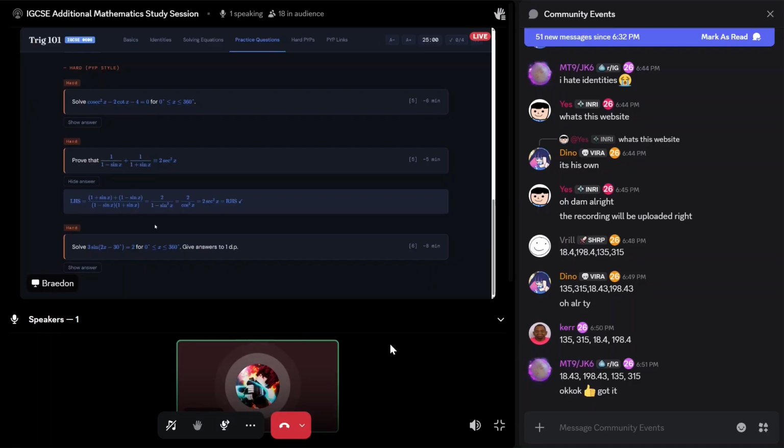So this way they can have the same base, so they can combine them together. So combine 1 plus sine x plus 1 minus sine x. After that, it's just 2 over 1 minus sine squared. Want to expand everything, so that's pretty easy. 2 over 1 minus sine squared equals 2 over cos square. And then that is sec square, because 1 over cos is sec. And then since it's just squared, it's the same thing.